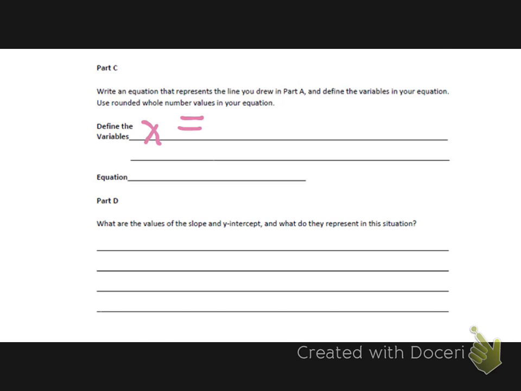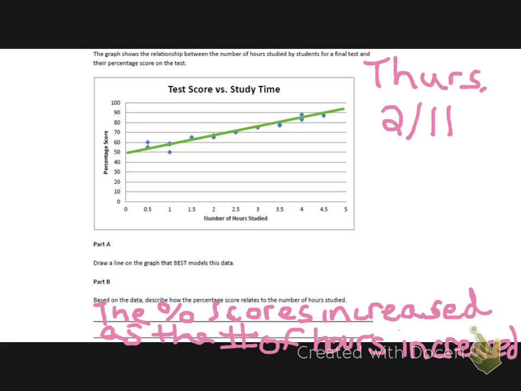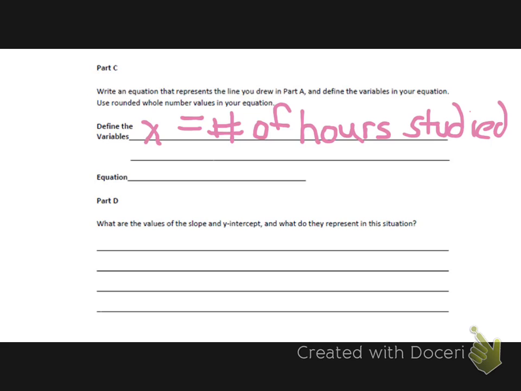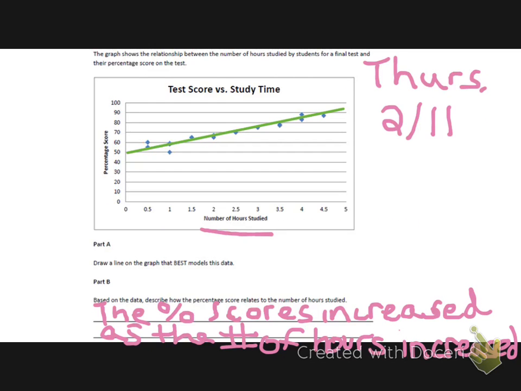If we look back at our graph, x is going to be right here, the number of hours studied. Now our y is going to be, if we look right here, the percentage scores. See right there? The percentage scores.